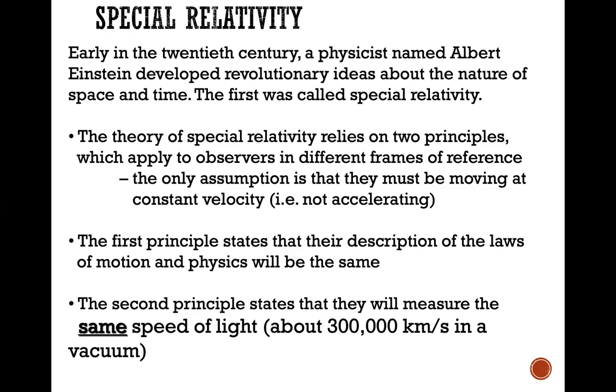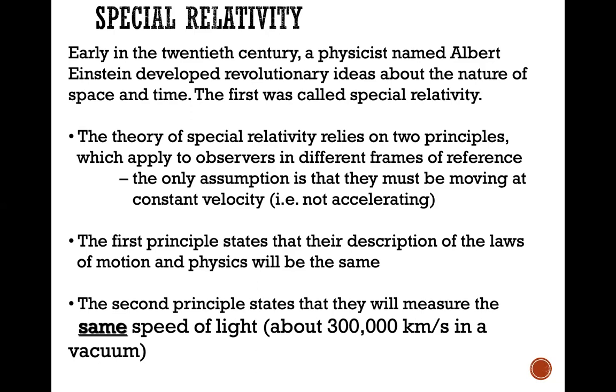What he basically mentioned there is that the theory applies to objects that are not accelerating, right? That is the important point here. The special relativity theory is for objects moving at constant velocities, not accelerating. The first principle he states is that the laws of motion and physics will be the same for all frames.